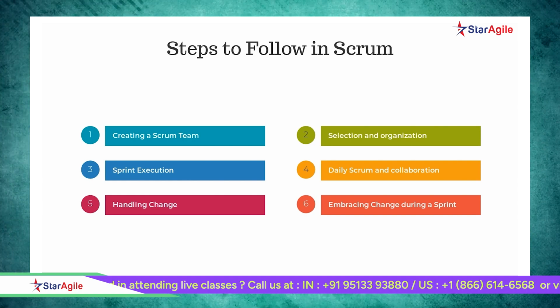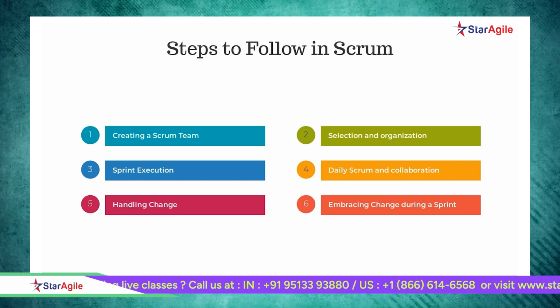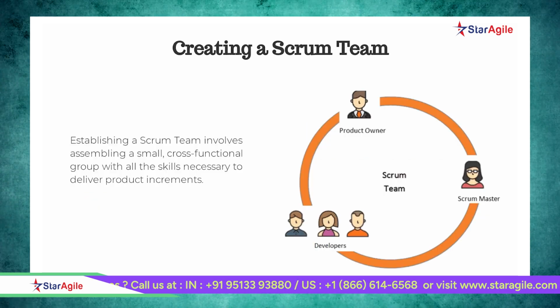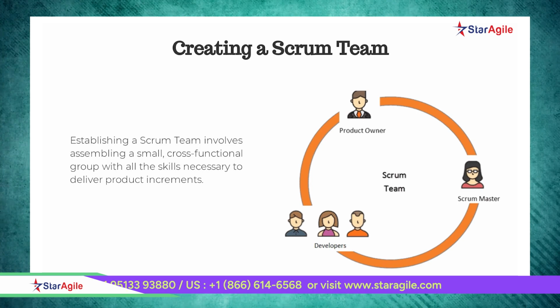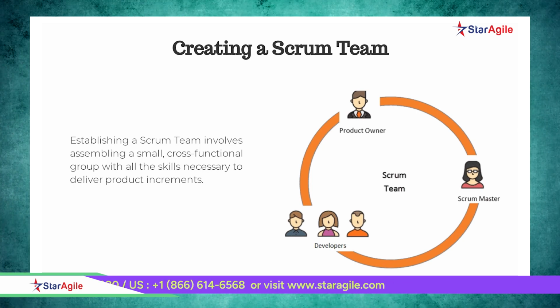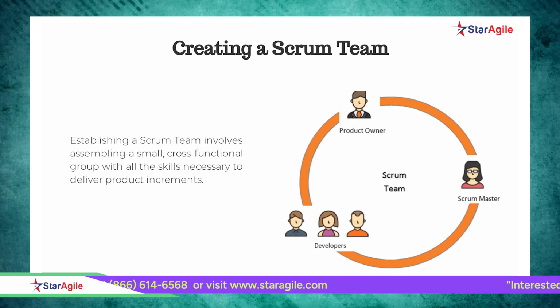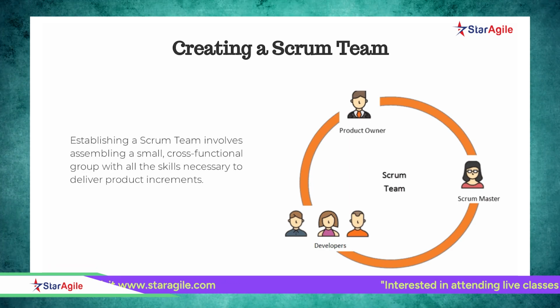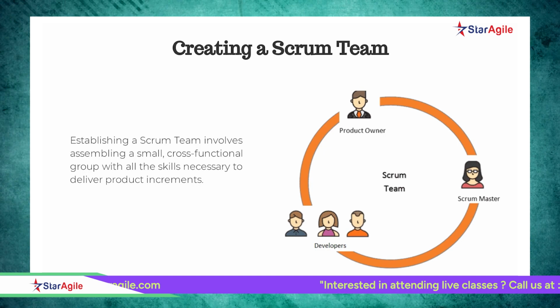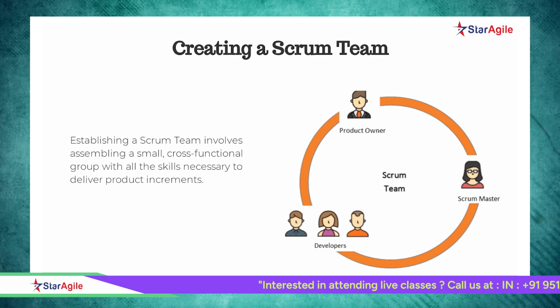Forming a Scrum team is the foundation of implementing the Scrum framework. This involves assembling individuals with diverse skills necessary for project delivery, including developers, testers, and designers, ensuring the team is self-sufficient in delivering product increments.